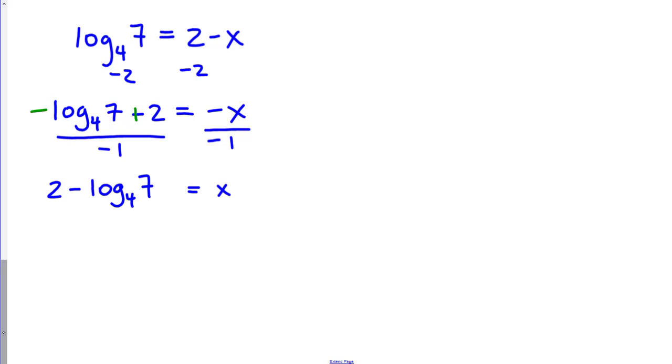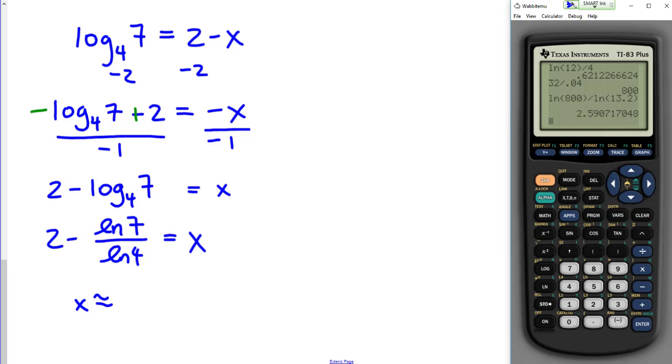Now, I could write this as 2 minus natural log of 7 divided by natural log of 4 if I wanted to express it that way before I put it into the calculator. But if you know the change of base formula well enough, you can just plug it directly in, and that's completely fine. 2 minus natural log of 7 divided by natural log of 4, we get 0.596.